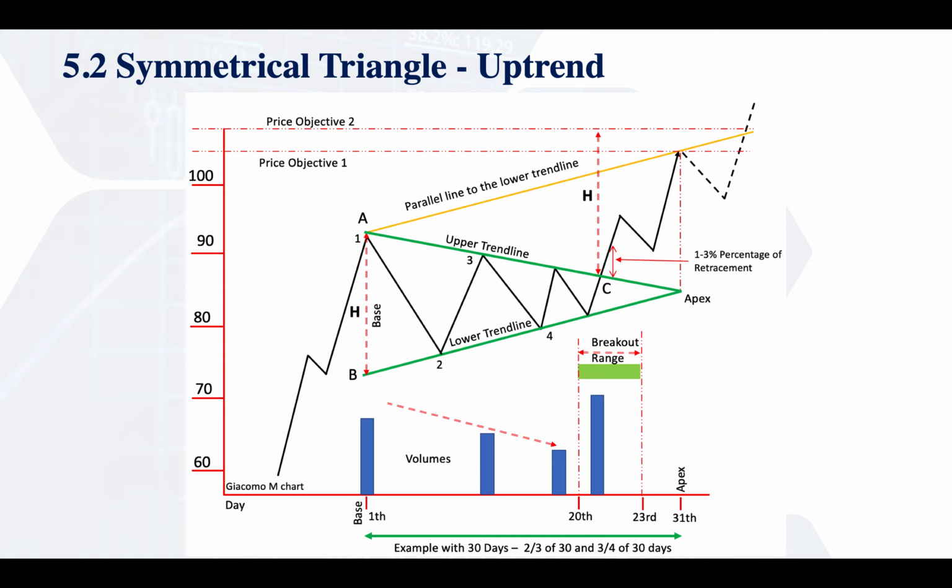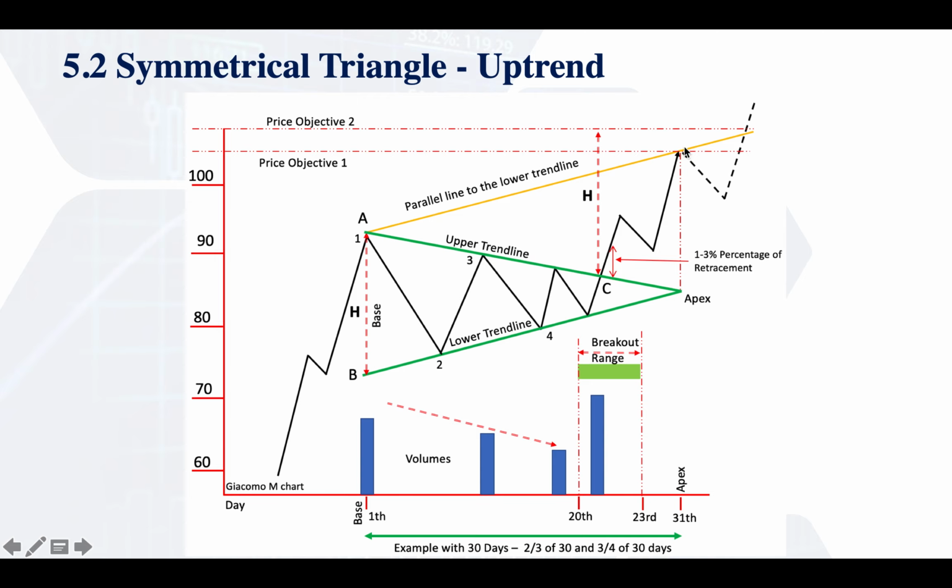The price objective in this case can be found in 2 different ways. The first one is projecting the depth, the base, that is the distance between A and B, from the breakout point, the point C. The other way is taking the parallel to this line, the B to apex line, and projecting it from the point A, and then we get the price objective 1.